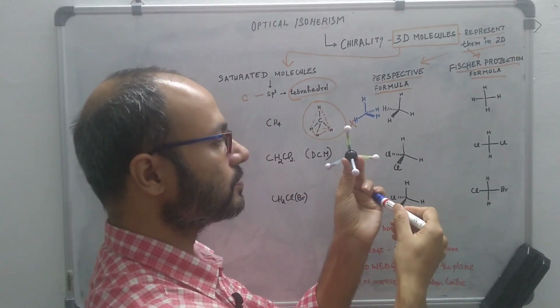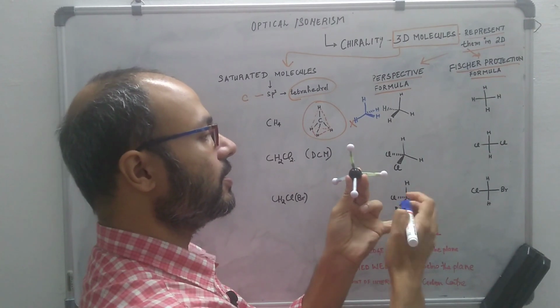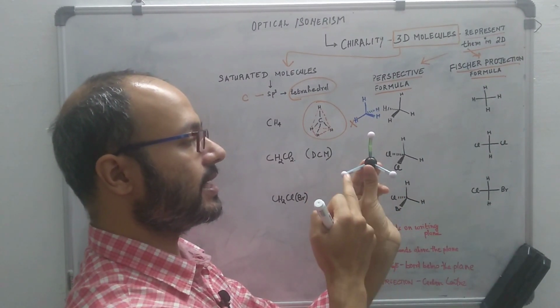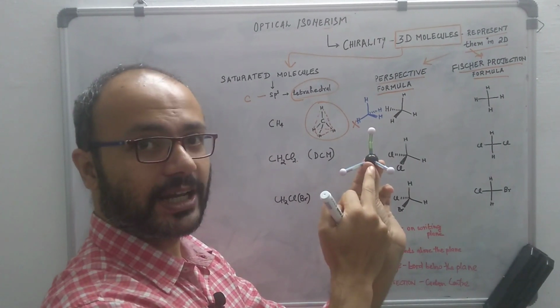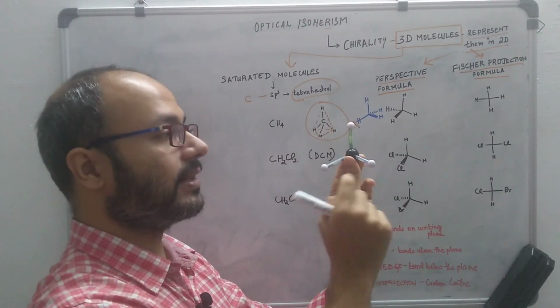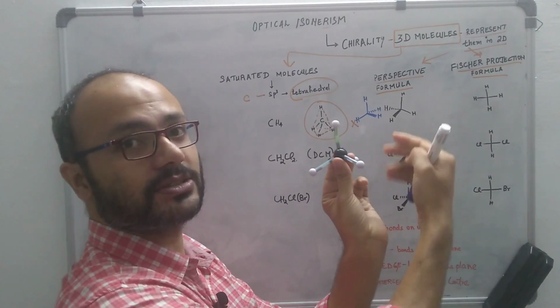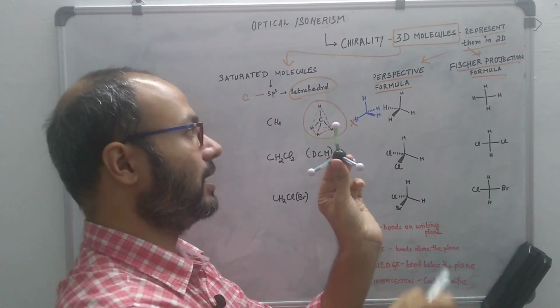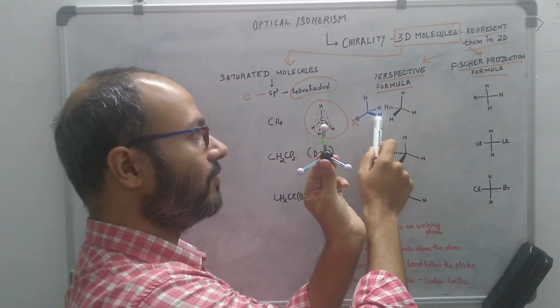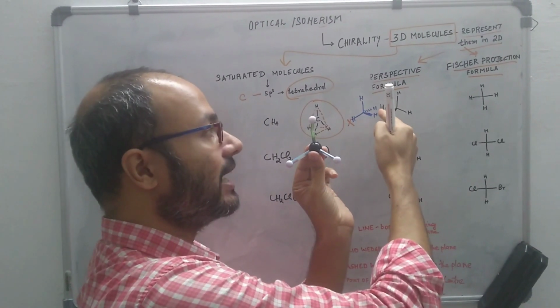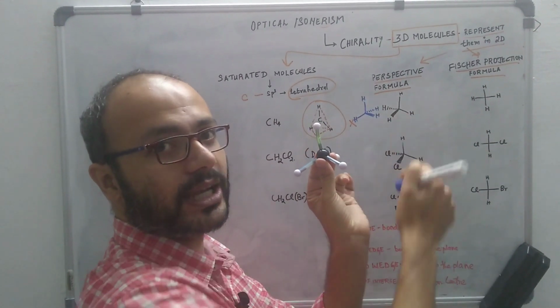If these 2 bonds are on the writing plane, then one of the hydrogens is coming out and one of the hydrogens is going inside the writing plane. So that is why I showed one of the hydrogens as a solid wedge, which is coming above the plane, and one of the hydrogens as a dash wedge, which is going inside the plane.